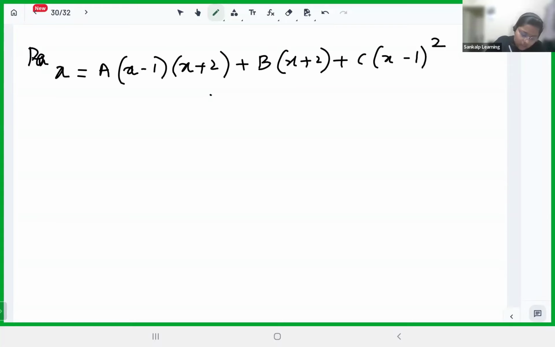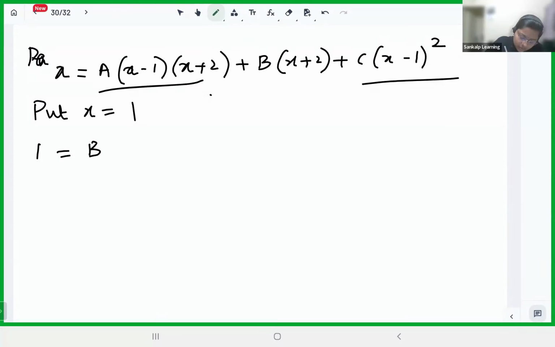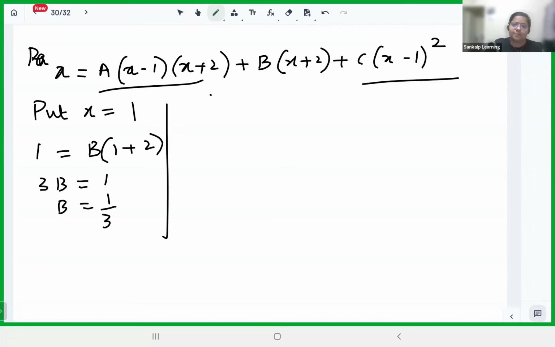Put x equal to 1. Now what happens? This term and this term will become 0. So 1 is equal to b into (1 plus 2), that is 3b is equal to 1, b is equal to 1 by 3. We have got the value of b.